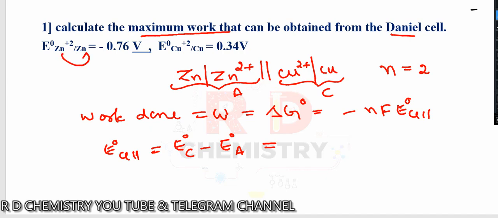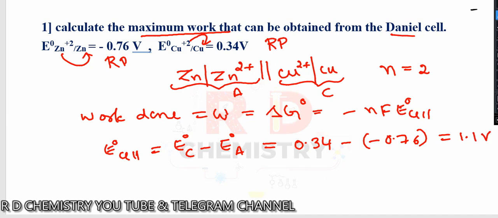Zinc 2 plus becomes zinc, so reduction reaction, reduction potential. Copper 2 plus becomes copper 0 state, it's a reduction reaction. So both are reduction potentials. So we'll be writing in terms of reduction potential, cathode minus anode. Therefore, 0.34 for copper minus the anode, minus of minus 0.76. So this will be equal to 1.1 volt.